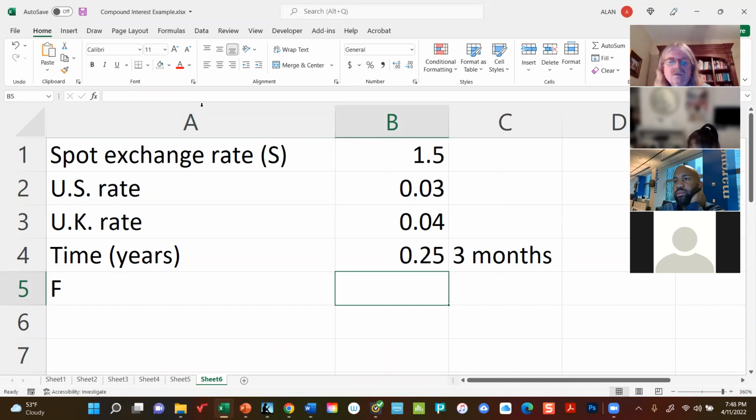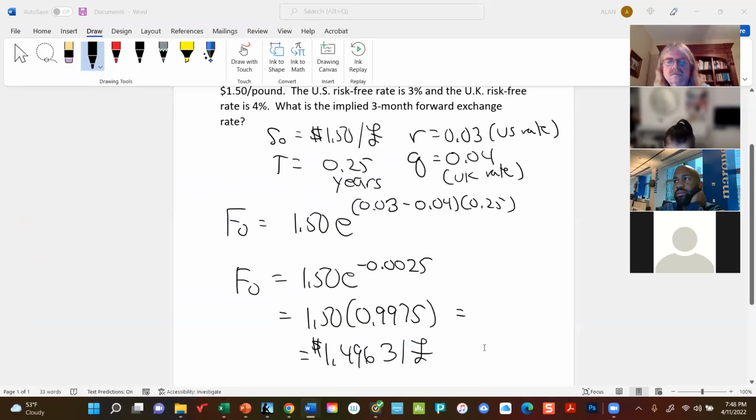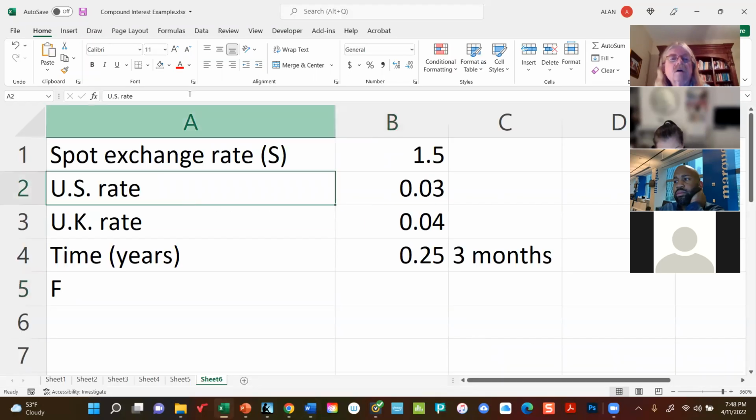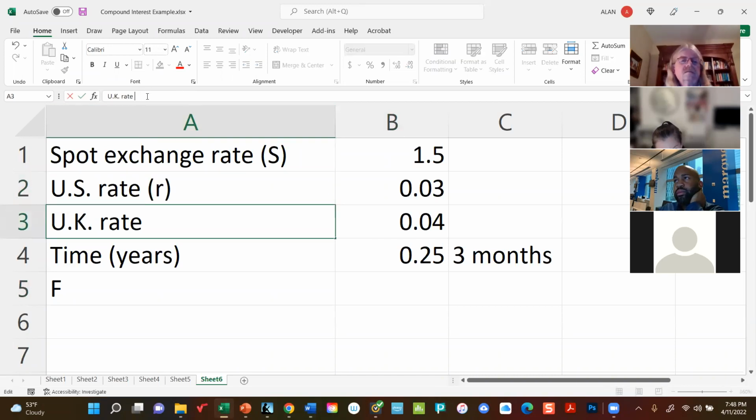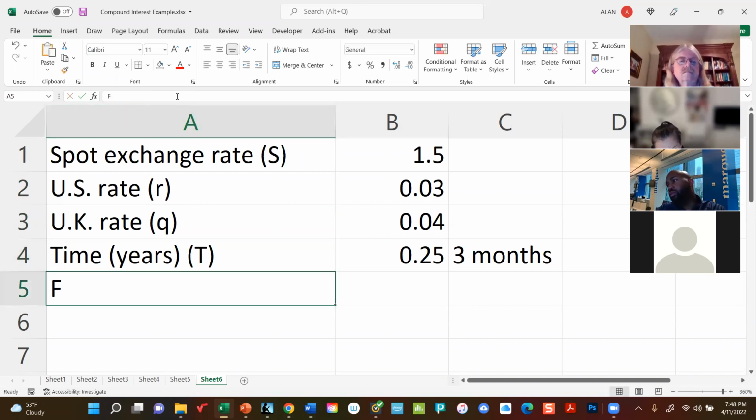Okay, so what you're going to do, I'll add these two so you can see better. So F equals S E. Oh, this is the same file.